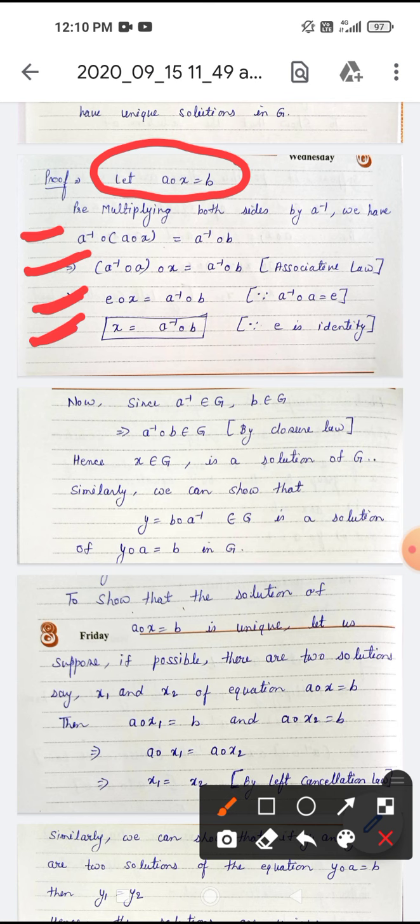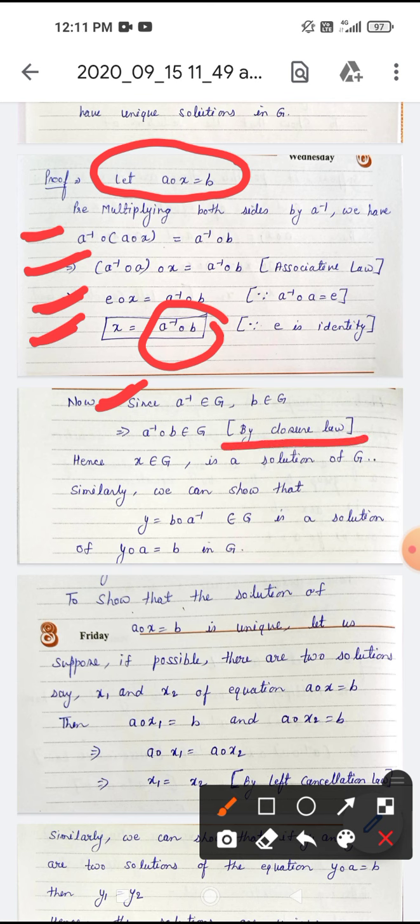Now we have to verify whether this is an element of G or not. Since A inverse belongs to G and also B belongs to G, A inverse operation B belongs to G by which property? By closure law.